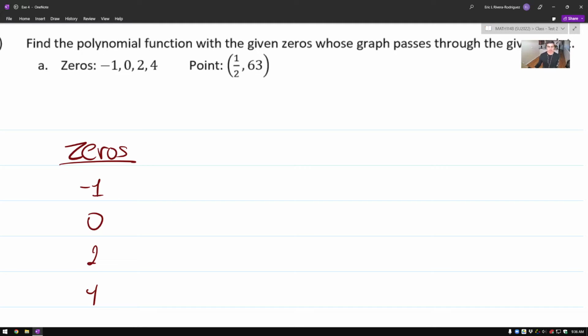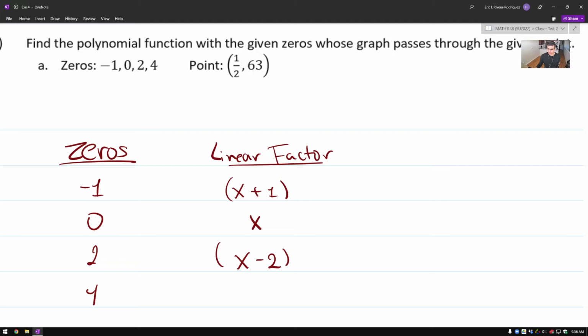And what we know is that the linear factors are taken from these values. So x plus 1, this is just the simplified version, x minus 2, and x minus 4.